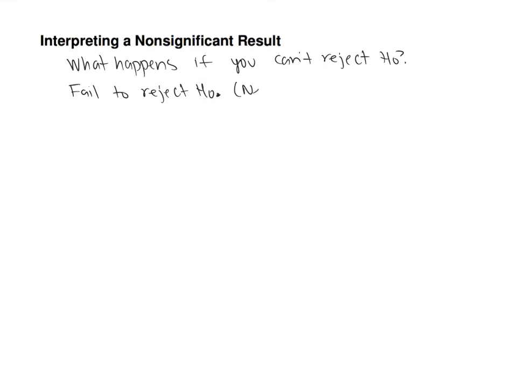Note that you never say H0 is true. That's just not how this works. And what this means, if you fail to reject H0, it means that your sample results are not strong enough to safely conclude that there is a relationship.